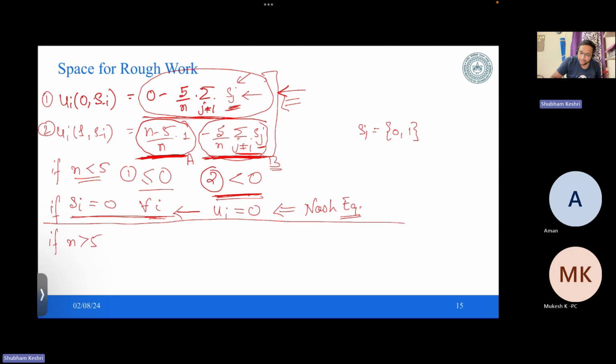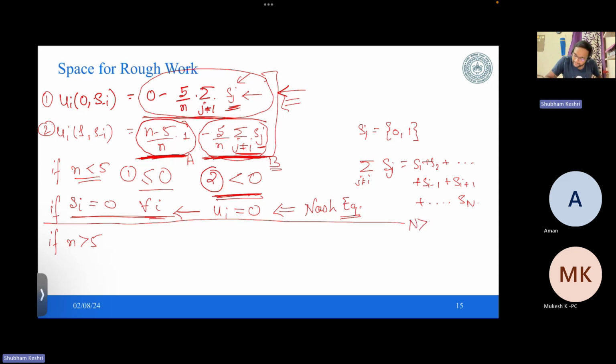Because we are not including i. When we are not including i, what is the sum of Sj? Summation of j not equal to i is S1 plus S2 plus ... Si-1, Si+1, plus ... Sn. We will not include Si. Is this clear?